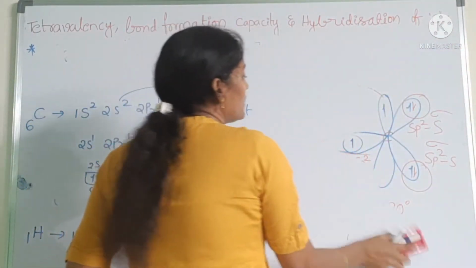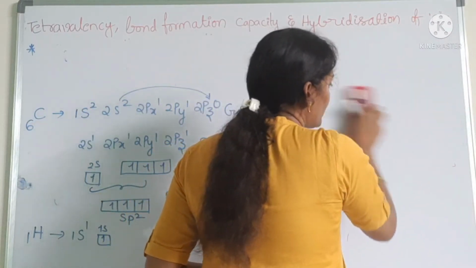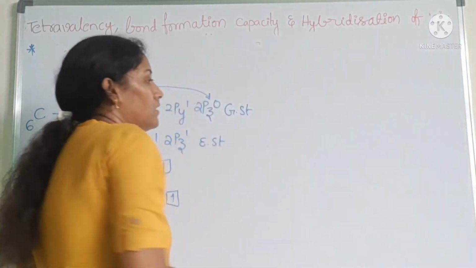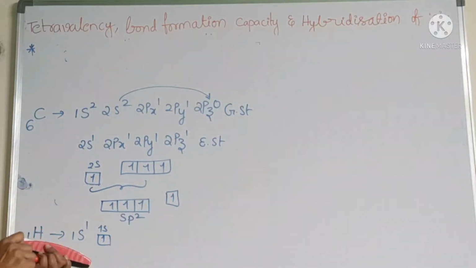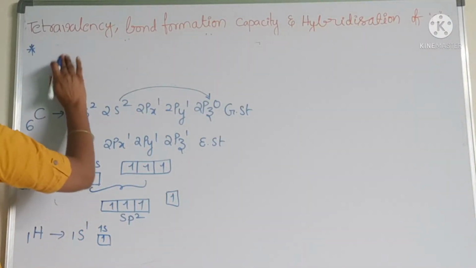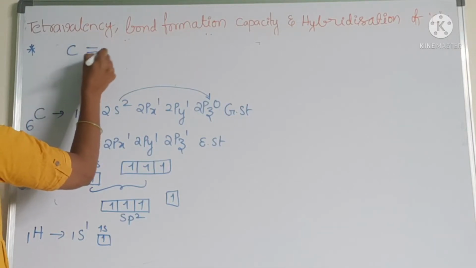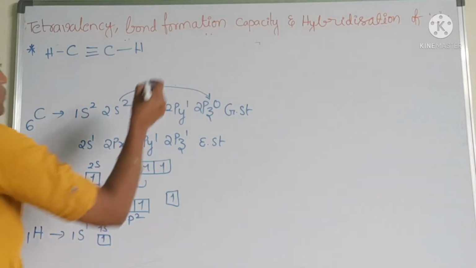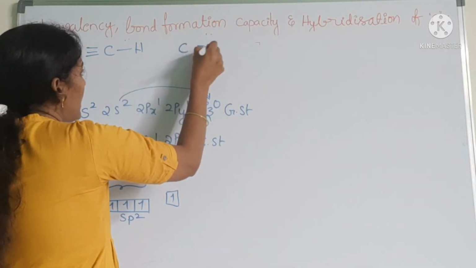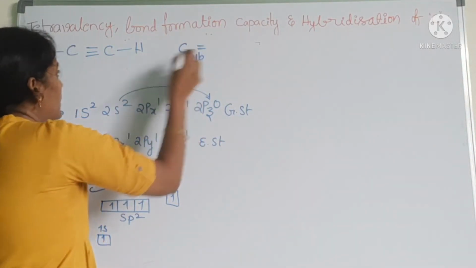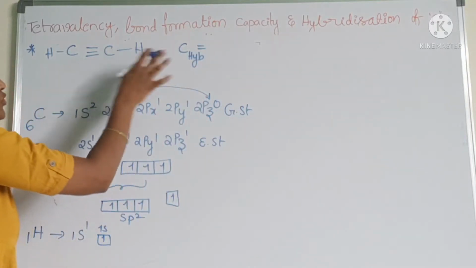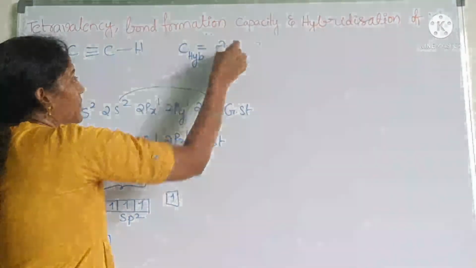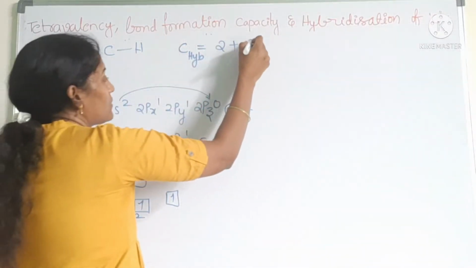Another one is the triple bond and one single bond formation by a carbon atom. See here, for that one you can take C triple bond CH. In this one, what is the carbon's hybridization? Carbon attaches with two atoms only, so 2, plus there are no lone pairs, so it is 0.